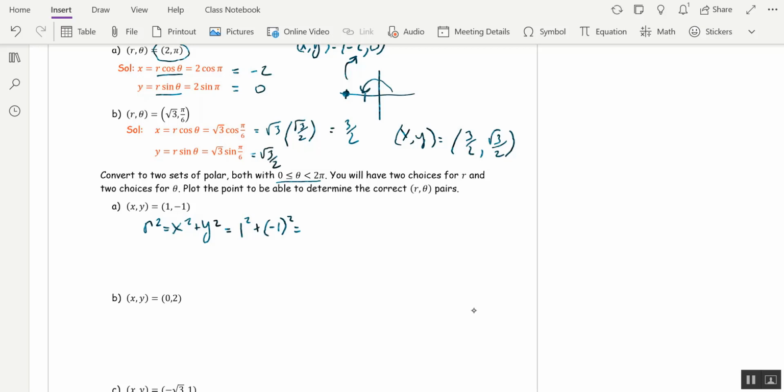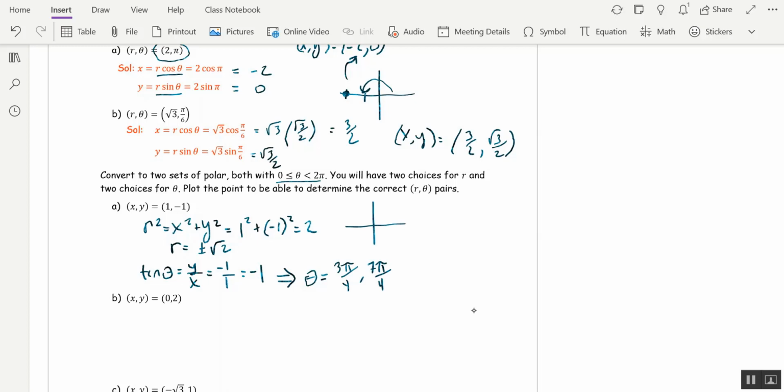So r squared is 2. So that gives me r is plus or minus √2, 2 values of r. Tangent theta is y over x, which is -1 over 1, which is -1. So that tells me that theta is 3 pi over 4 or 7 pi over 4.